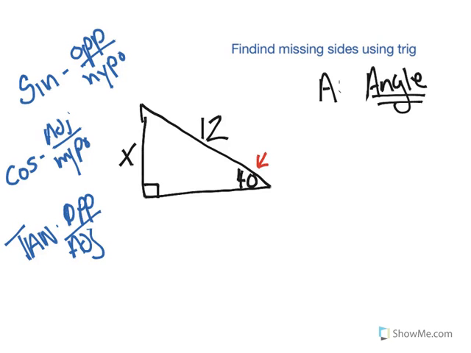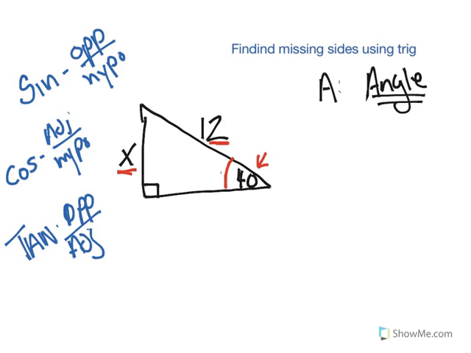Okay, then looking at that 40, I want to figure out which trig ratio is going to be used here. And how do I do that? I look at the two sides presented: this side with the variable and this side with the 12. In relation to that angle, I have to figure out what positions those are in.